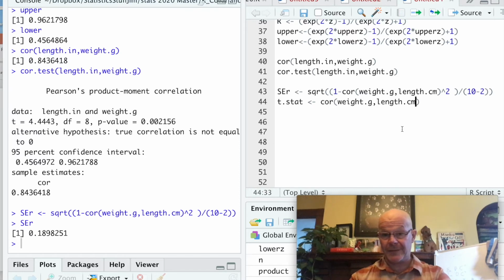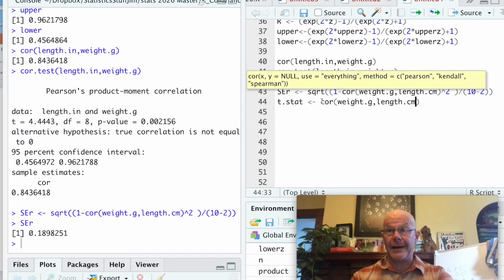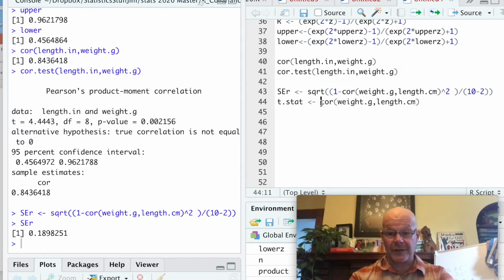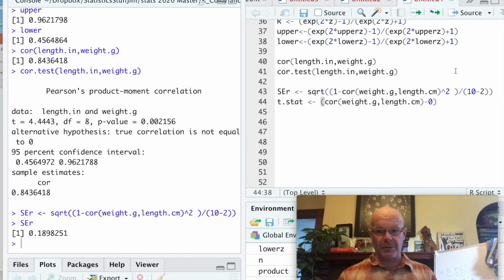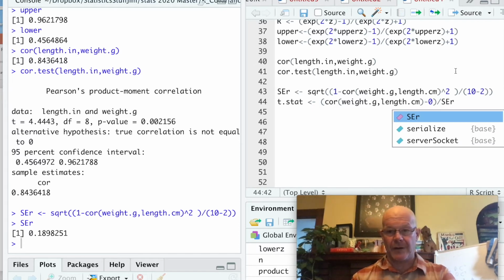It wouldn't matter; I could have said length in inches, because we're dealing with correlations and everything is standardized in units of standard deviation. I'm going to take that correlation and be explicit and say minus 0, because that's my theta, my hypothesized value. That's not going to do anything, but I'm being explicit. And I'm going to divide that by the standard error of r.